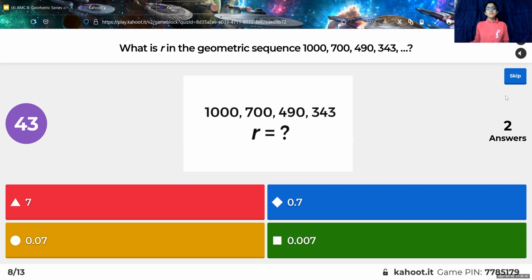Make sure you are not accidentally thinking the wrong number or something. Okay, I see two answers. It's 26 seconds now. So what number would you multiply 1000 by to get 700?